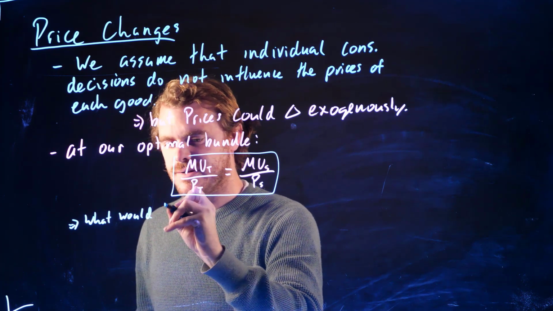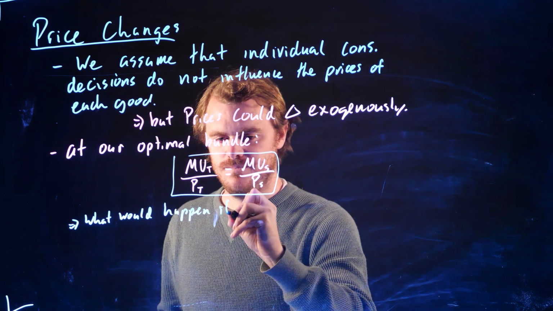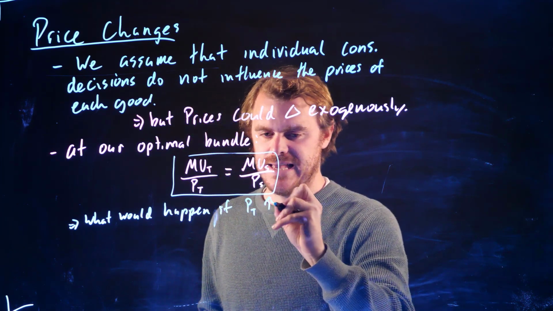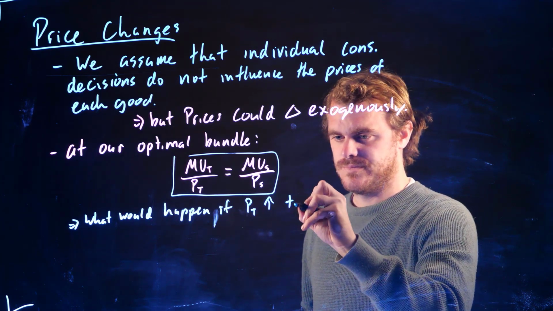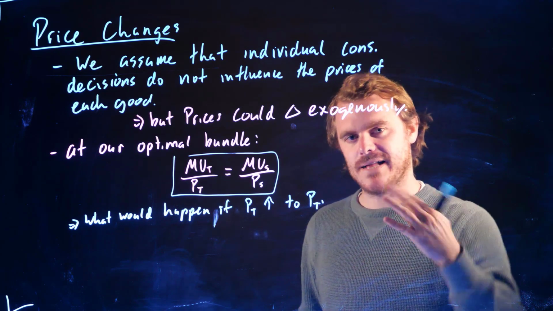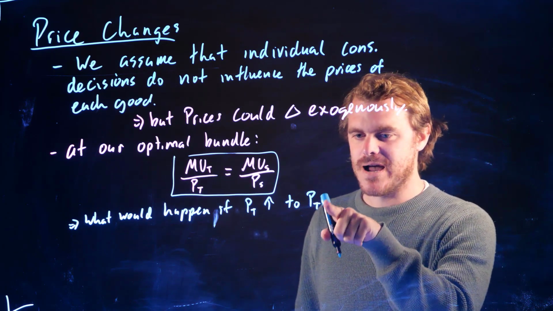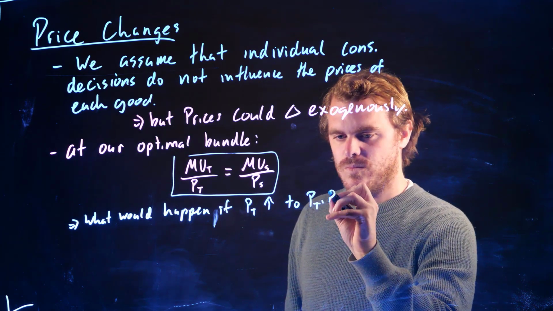So what would happen if the price of tacos increased? So let's just call it price of tacos prime, but that's a higher number. So PT prime is bigger than PT here. So what would happen?